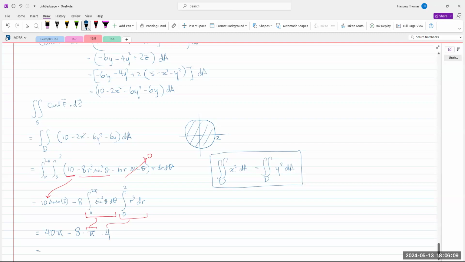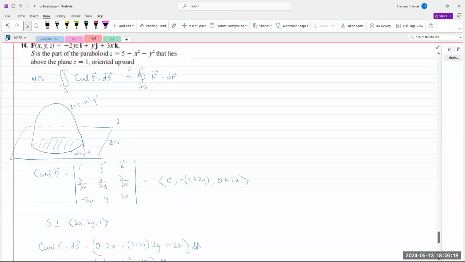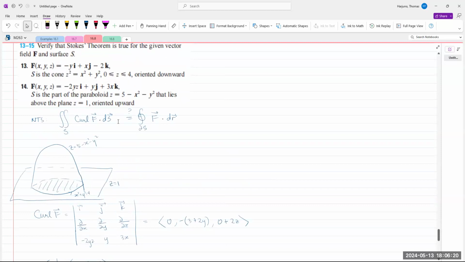So 40 pi minus 32 pi, that's 8 pi. That's what we get if we just use the double integral over the curl.